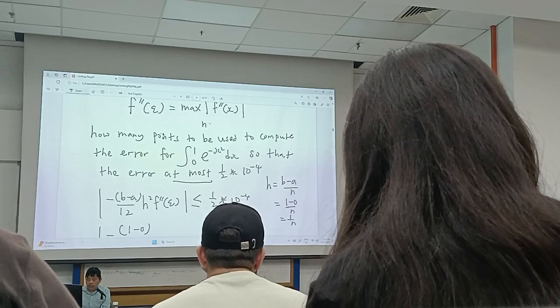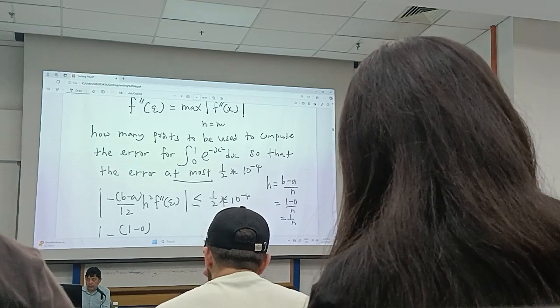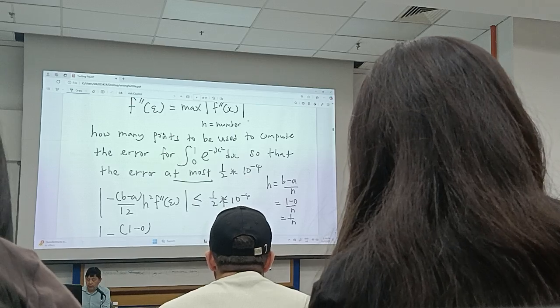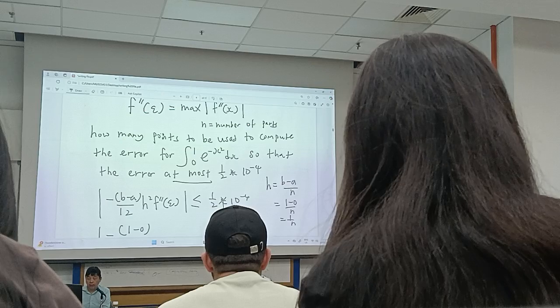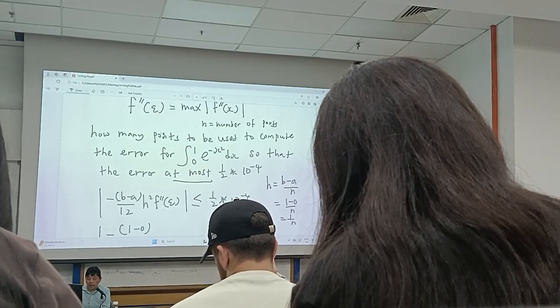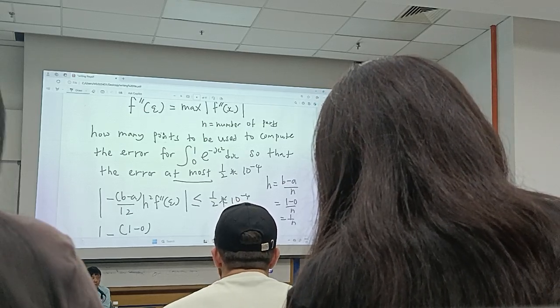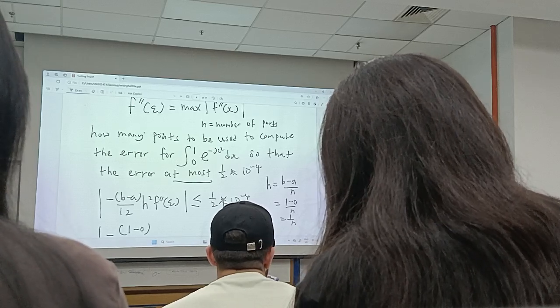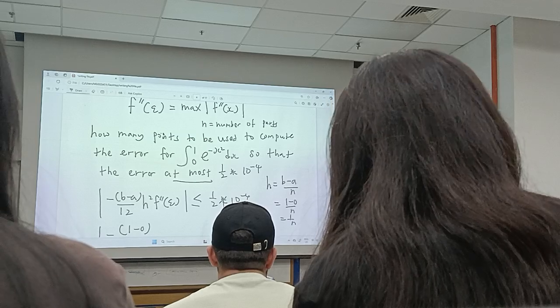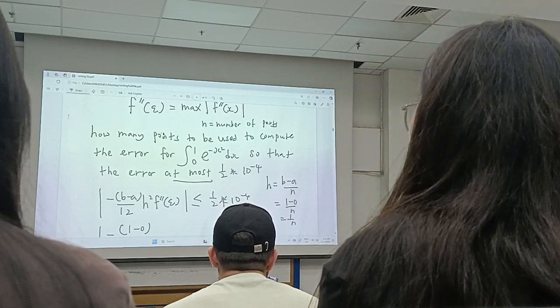So this n is number of parts. Okay, number of parts. From number of parts, how to get number of points? How to find this number of points?